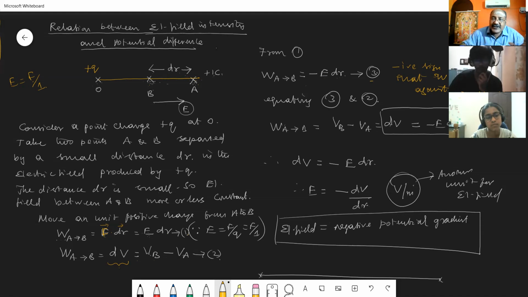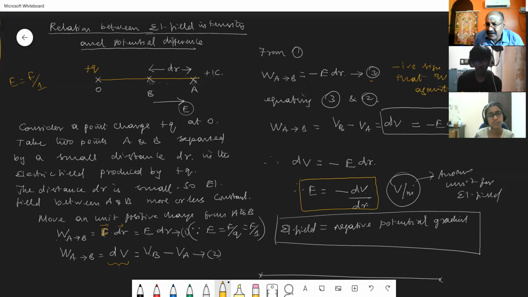Now equate equation 3 and equation 2. Since both the left hand sides are equal, I can equate both the right hand sides. So if I equate the right hand sides, I can write like this. dV is equal to minus of E into dr. Rearranging this, I can get E equal to minus of dV by dr. This term we are calling the relation between electric field intensity and the potential difference.